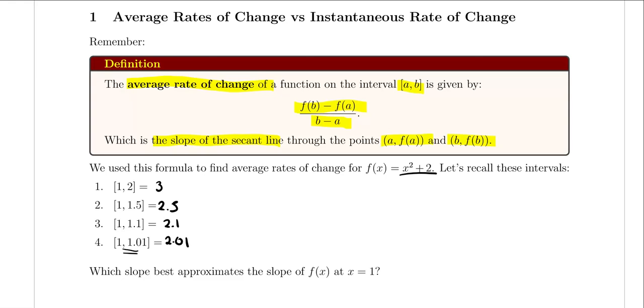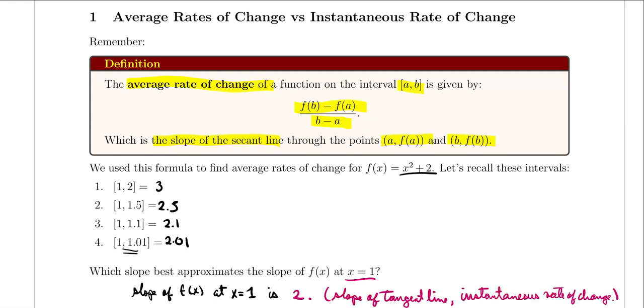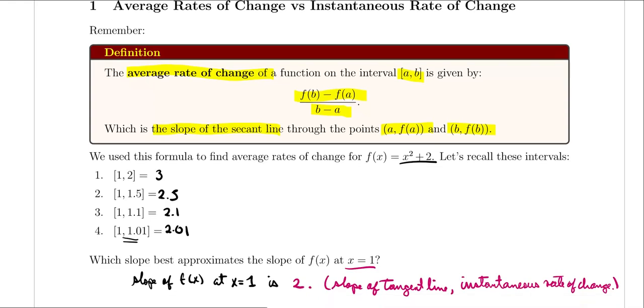So I would say here that the slope of f(x) at x equals 1 is 2. Now remember, if you're interested in finding the slope at only one particular x value, then what we're looking for is the slope of the tangent line, which is the exact same thing as the instantaneous rate of change.